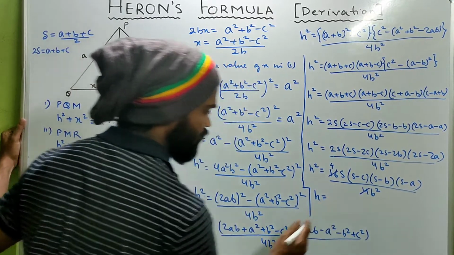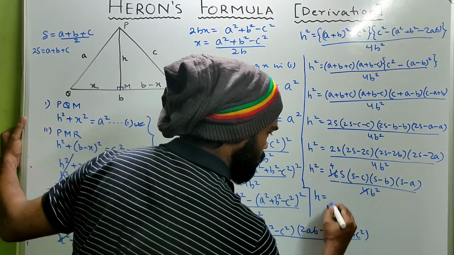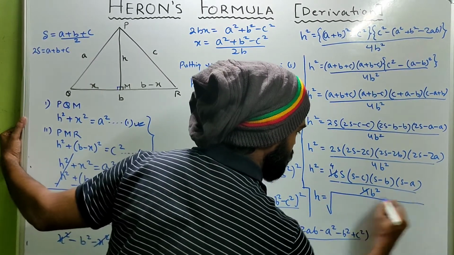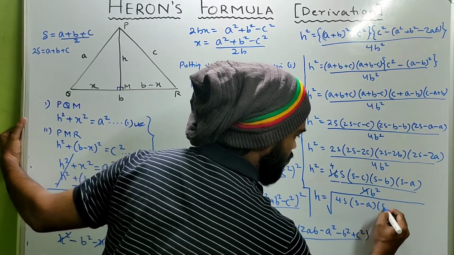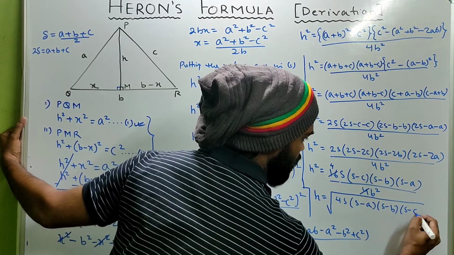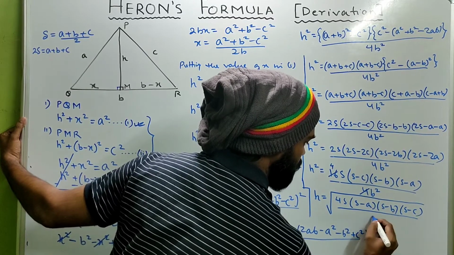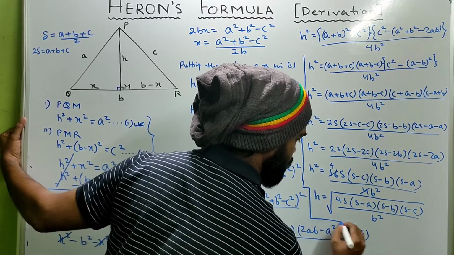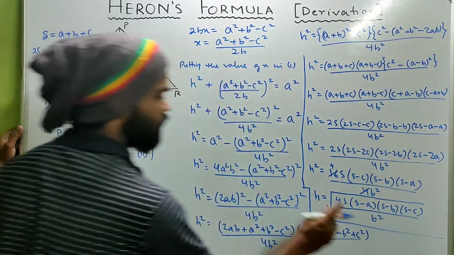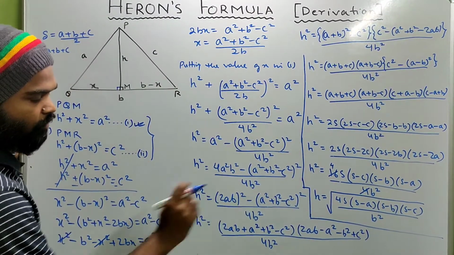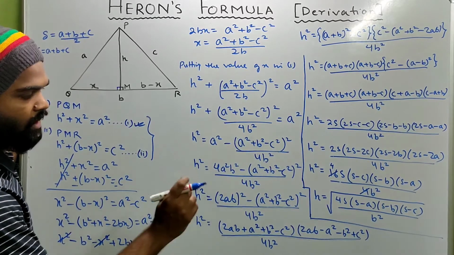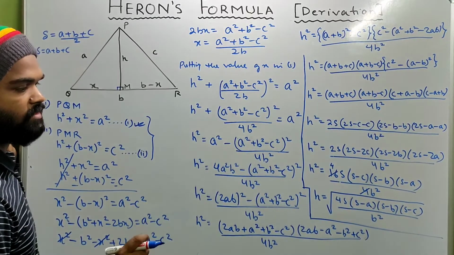h is equal to root of, look carefully, 4s, s minus a, s minus b, s minus c by b square. So we got the value of h, which is root of 4s, s minus a, s minus b, and s minus c by b square.